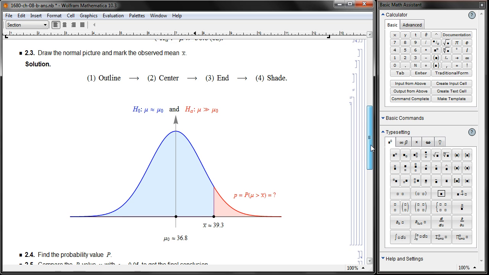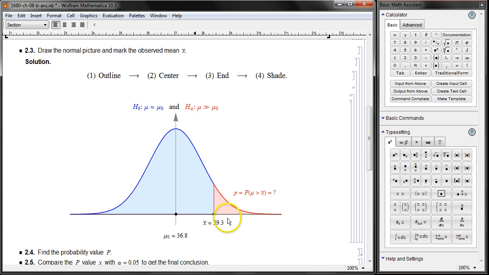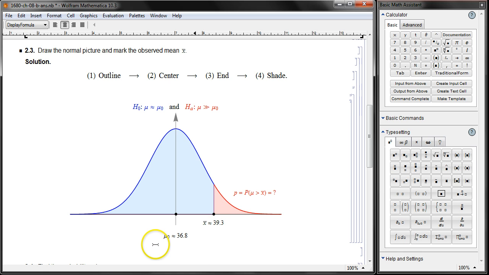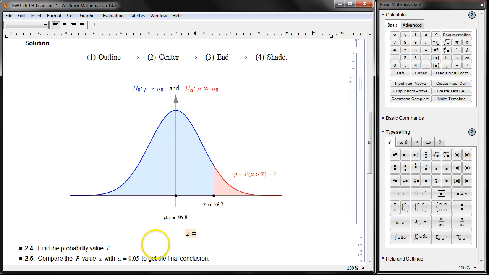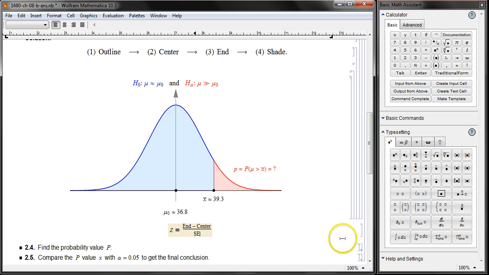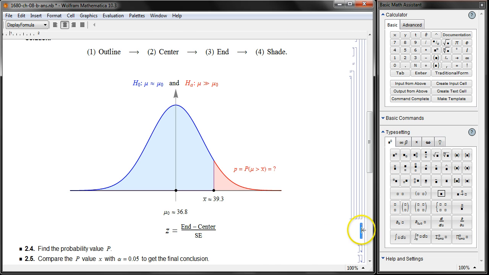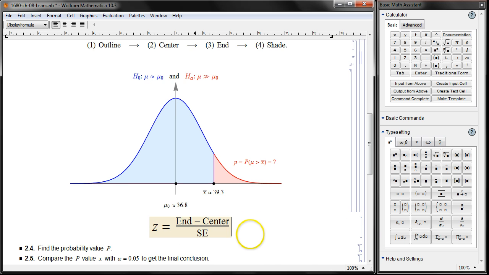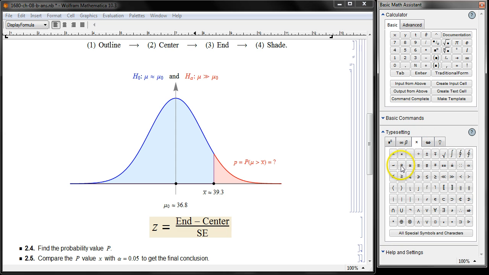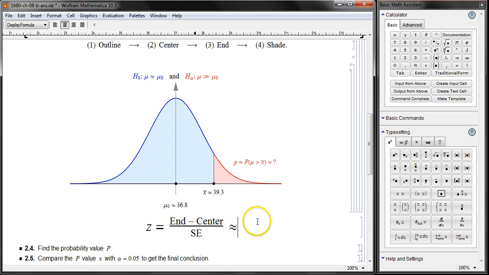How do we do that? Calculating p is not too difficult. You can just do this. Z equals x-bar minus center over SE, as before. And that's approximately equal to what? 39.3 is the x-bar, 36.8 is the center. How about SE?